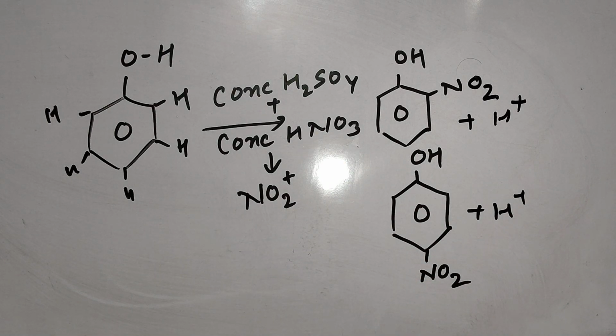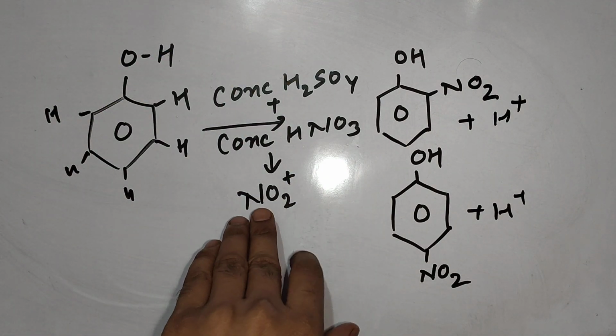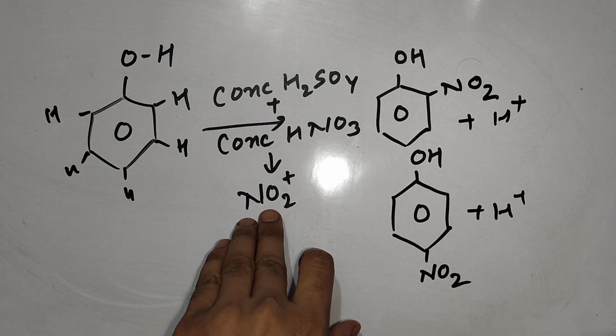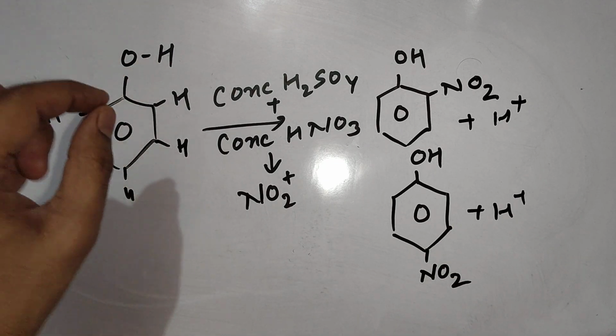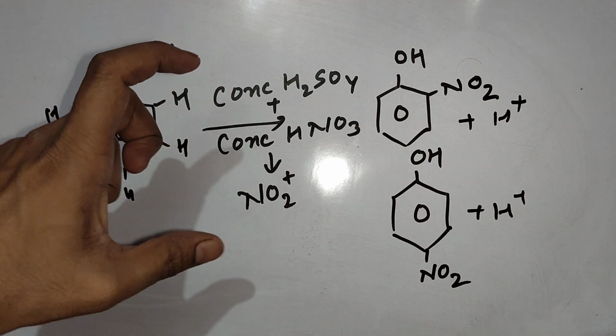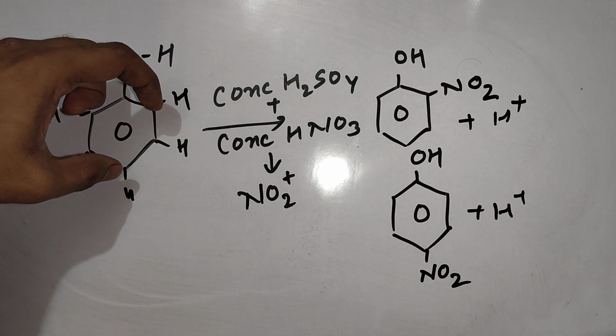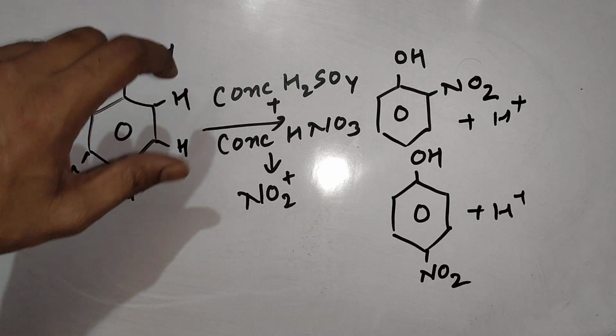Now for this video, what is the conclusion? The conclusion is these electrophiles will never attack on oxygen for the electrons, will never attack on a meta position of the carbon. Only they will get electrons from ortho and para position. That's why they will substitute hydrogens which are present on ortho and para position.